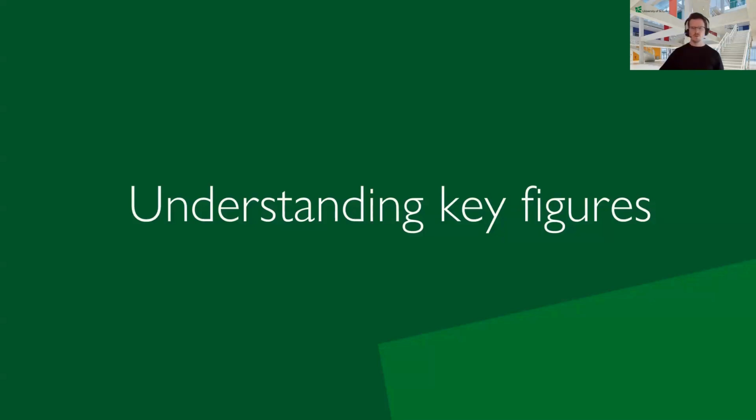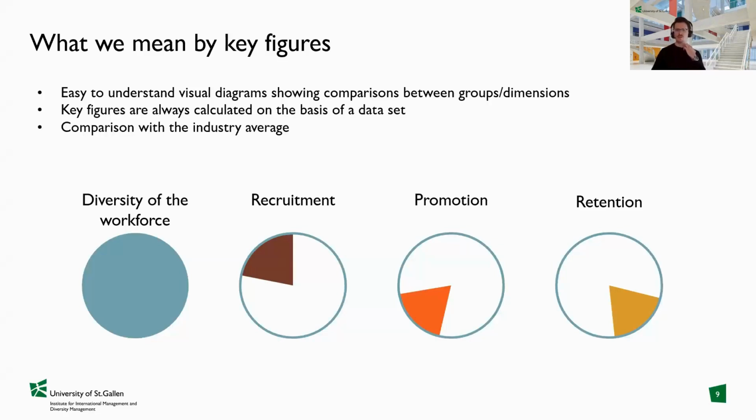So we said that you will receive a bunch of key figures, KPIs, when you, for example, participate in the benchmarking analysis, and to understand what we actually mean by such key figures: in our definition, those are visual diagrams. They are pretty easy to understand. We will show you examples afterwards, and they show comparisons between groups or dimensions.